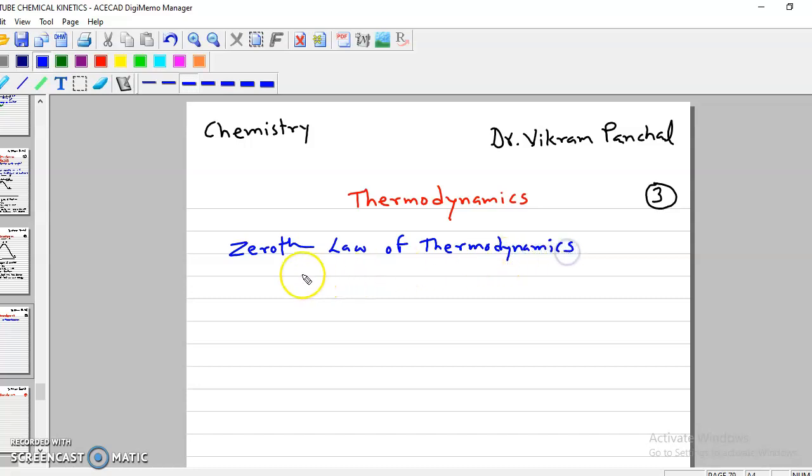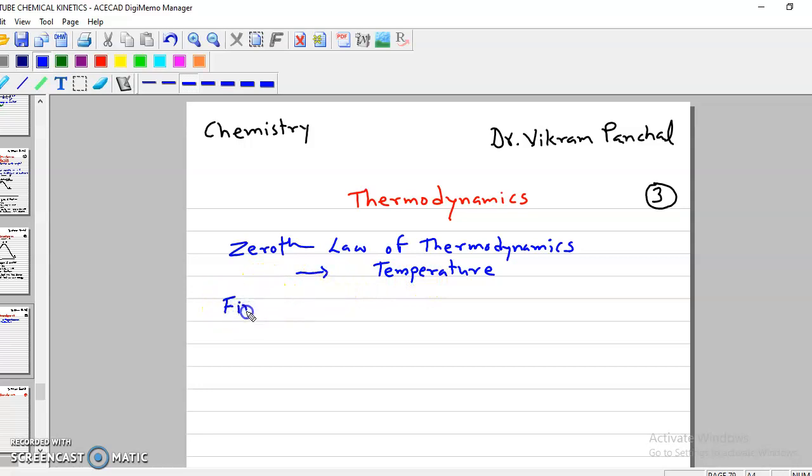This law is related to temperature. It gives us information about the temperature of the system. So the zeroth law is mainly related to temperature.